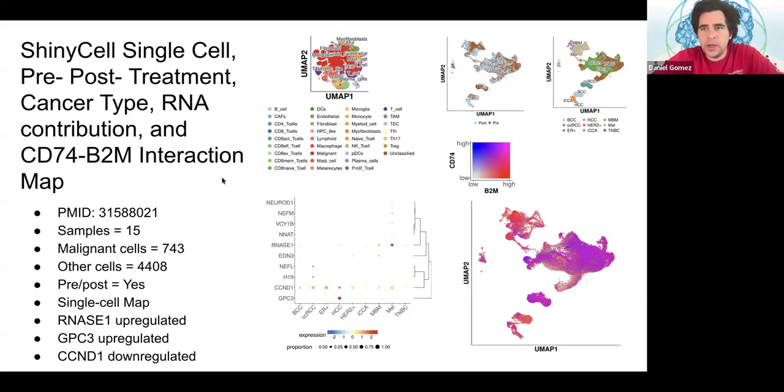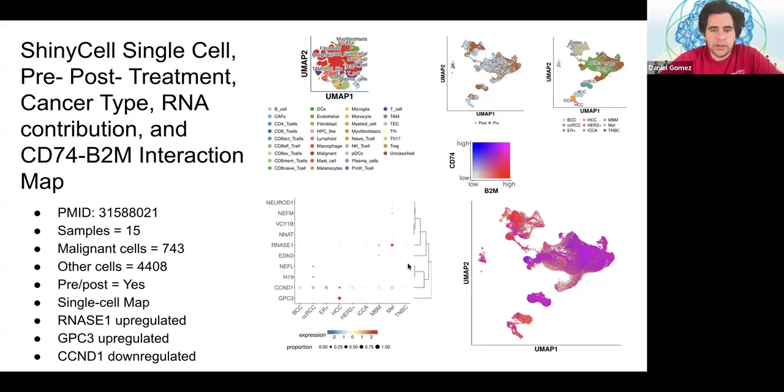So in a UMAP, we can see all 9 different cancer types. So we can see HER2 positive, triple negative, ER positive, so 3 different breast cancer subtypes, and MBM, melanoma, different skin cancers, metastatic melanoma, kidney cancer or renal cell carcinoma, and then HCC, which is hepatocellular carcinoma, and ICCA, which is the other liver cancer type.